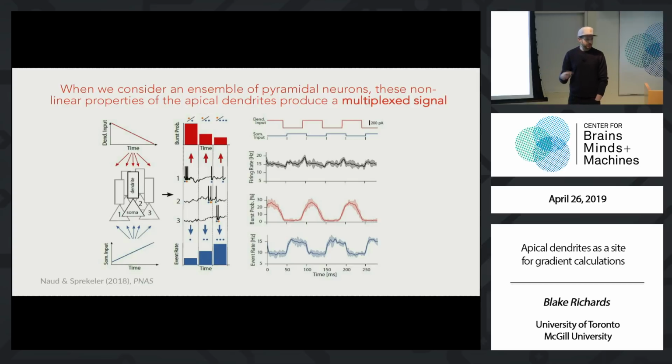The event rate is just the percentage of neurons in the ensemble that are engaged in either a spike or a burst. You can then also ask, of the events that occurred, how many of them were bursts? And that he called the burst probability. And these two things can be decoupled from one another.